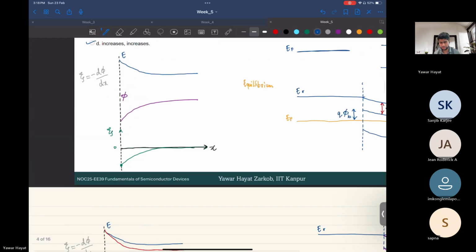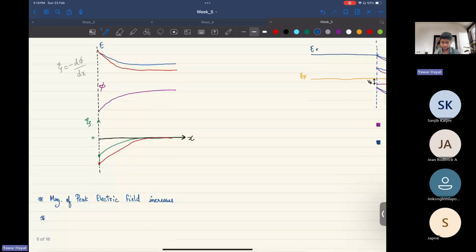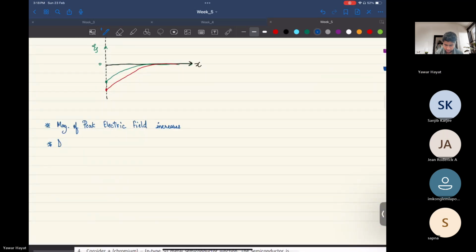Likewise here, depletion width increases.